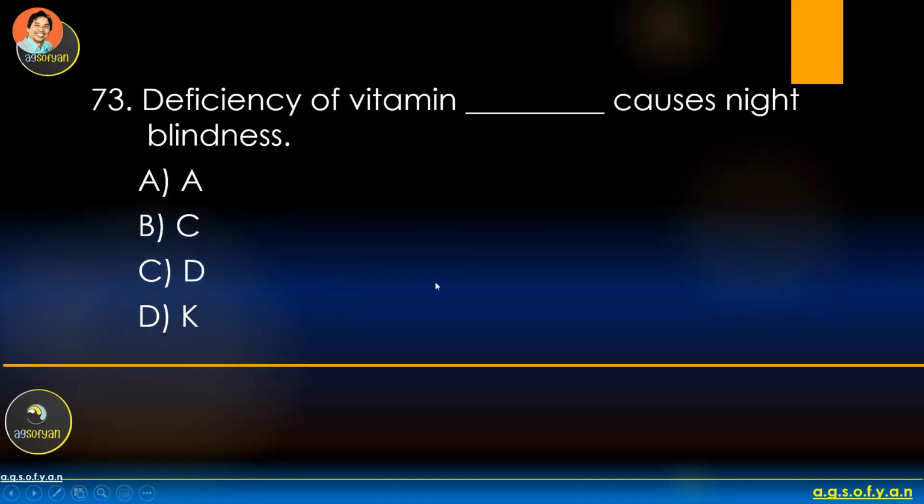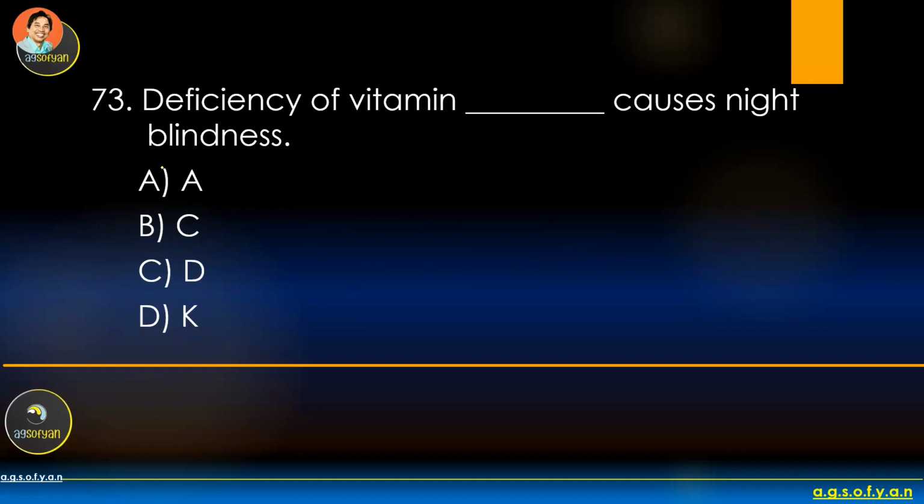Deficiency of vitamin blank causes night blindness. So this individual will have difficulty seeing in darker conditions, during low light conditions. So which one?